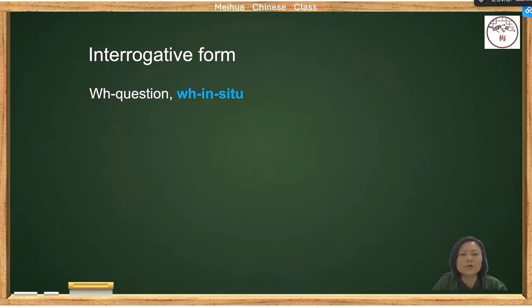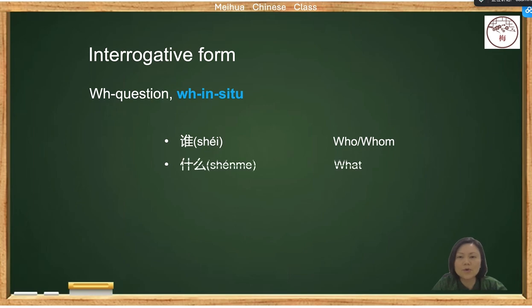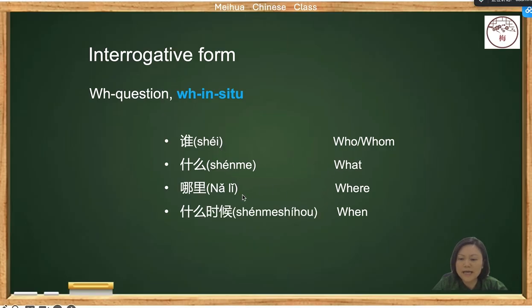So for the second type of interactive sentence, the WH question sentence. In the last session, we already learned about the interactive pronouns. For whom, who, it's 谁. For what, it's 什么. For where, it's 哪里. For when, asking for time, it's 什么时候. 时候 means time. 什么 is what, right?